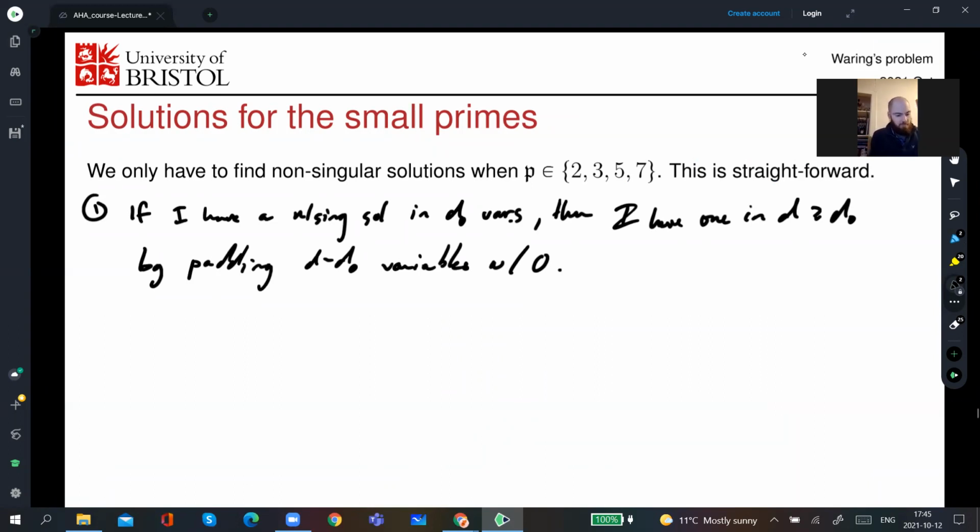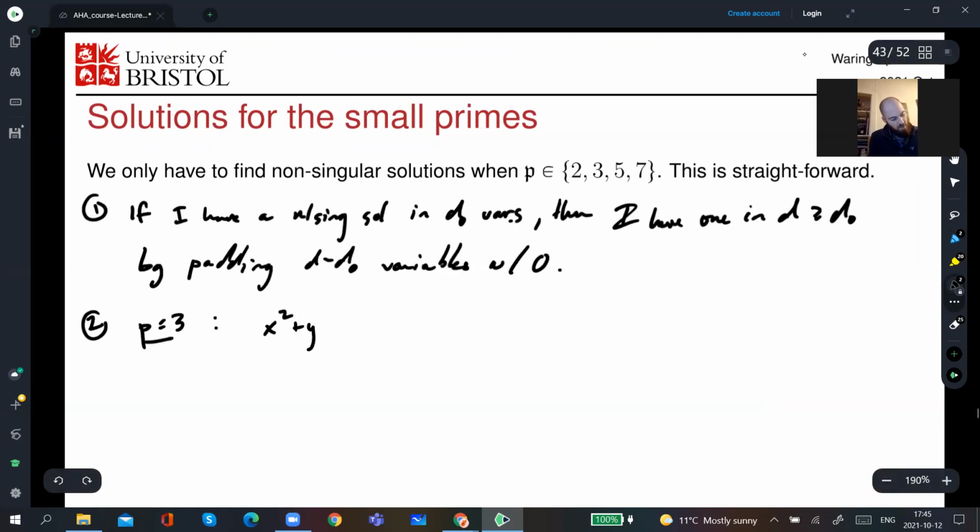Okay. Now let's consider p equals 3. If I look at x squared plus y squared mod 3, then I can clearly get value 0 by plugging in, and I can clearly get value 1 by taking x equals 0 and y equals 1.